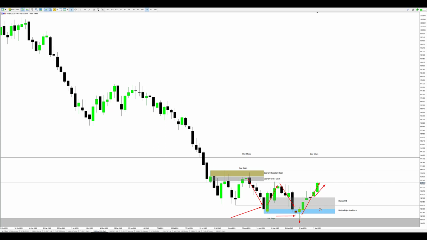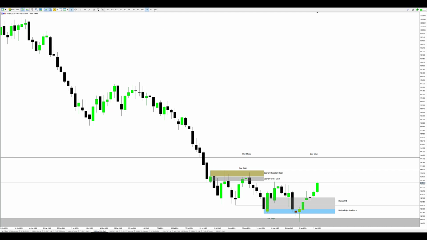So when the dollar index rallies, you're going to see that the British pound and the euro normally decline, meaning they will be bearish. So we are just going to have a short analysis on what I'm expecting the dollar to be doing in the coming week or two or so.